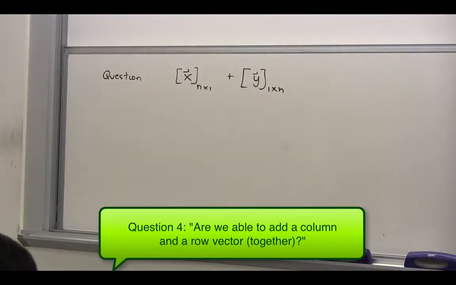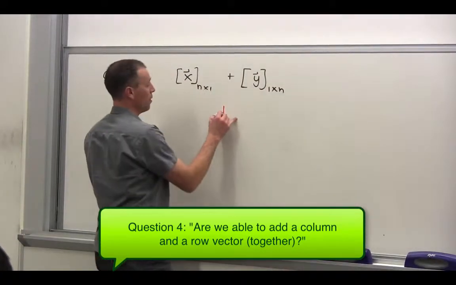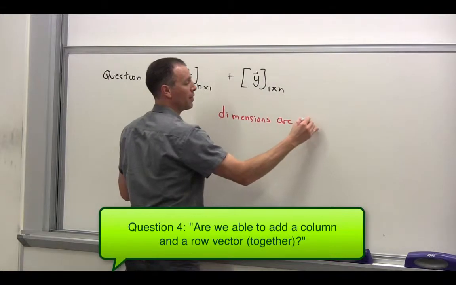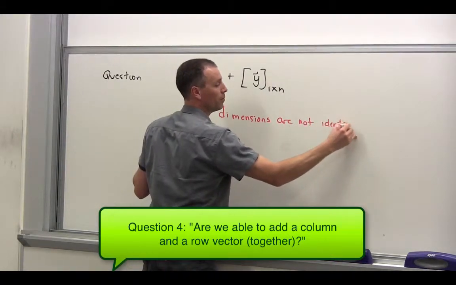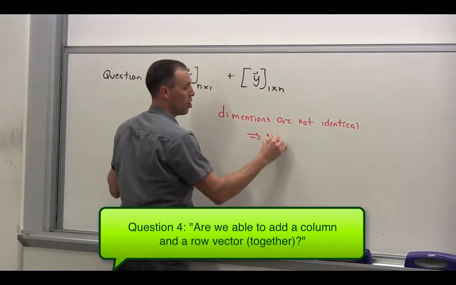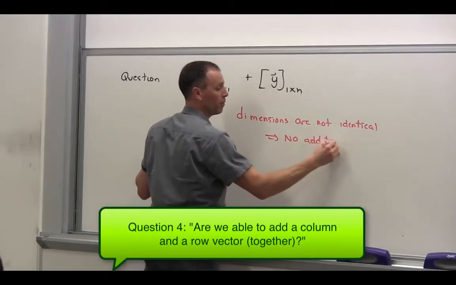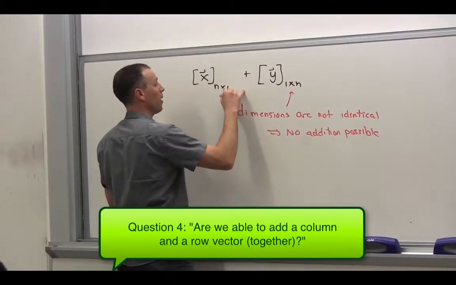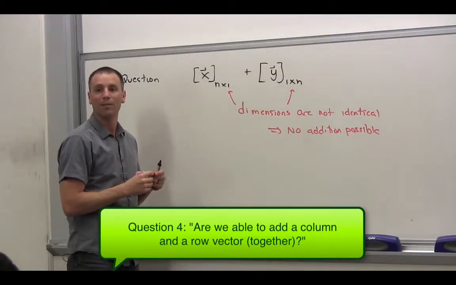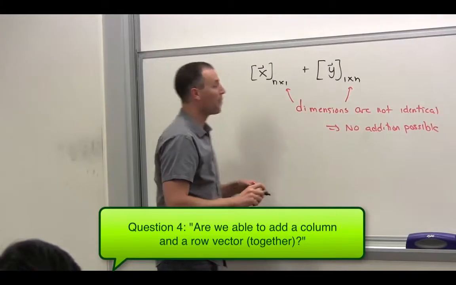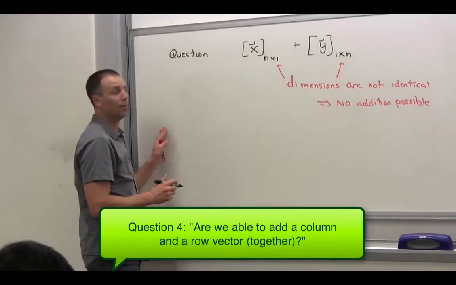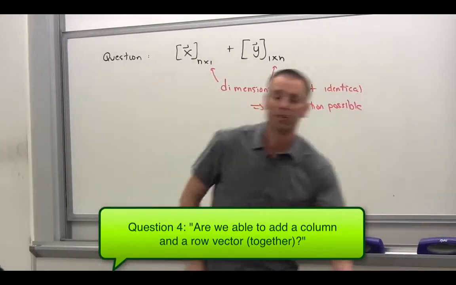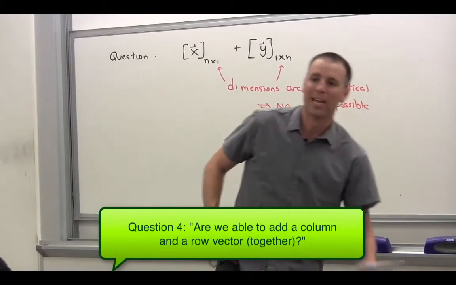Therefore, dimensions are not identical, no addition possible. It's a very easy thing to fix this problem. What would you do to fix it? Take the transpose, and we'll talk more about that in a bit. That's a great question. So the answer is no, we can't add vectors that do not have identical numbers of columns and rows.